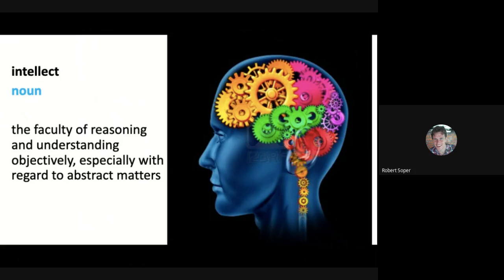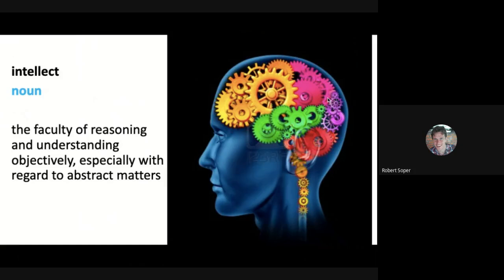Well, the first thing to recognize with intellect is, like cognition, it involves the brain. So it's something we have because of our brain. If you don't have a brain, you will not display much intellect. How would we put it in a sentence?